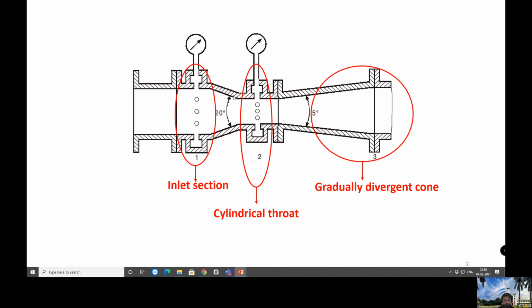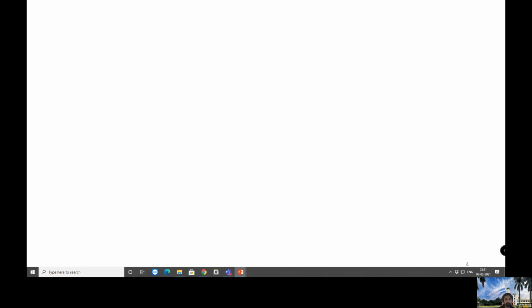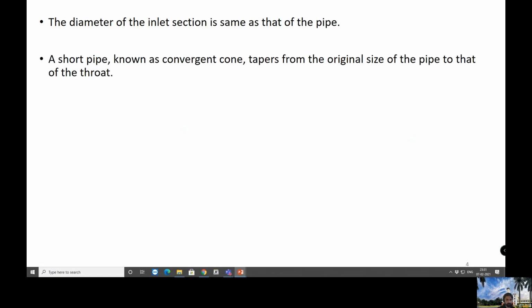You see, this is the angle 20 degree, which means it's a rapidly decreasing cross section, whereas this is a gradually divergent cone. This arrangement is done so as to reduce the loss of energy during the transitions. We'll later learn in pipe flow why changing cross sections results in loss of energy, but that will come later. The diameter of the inlet section is same as that of the pipe.